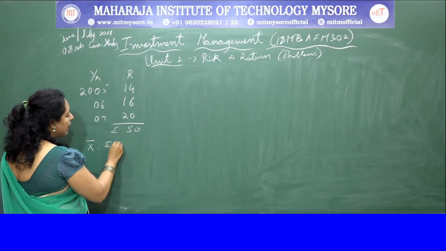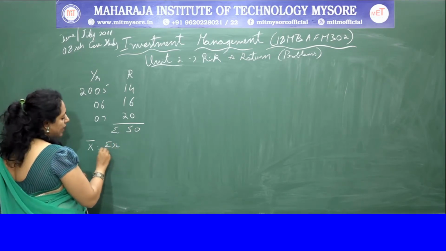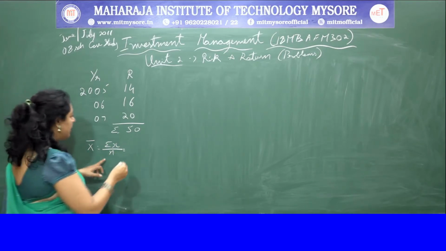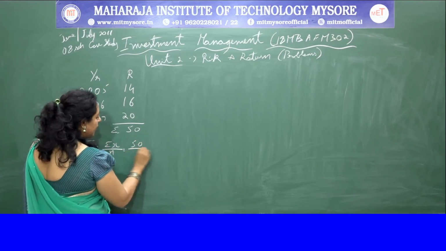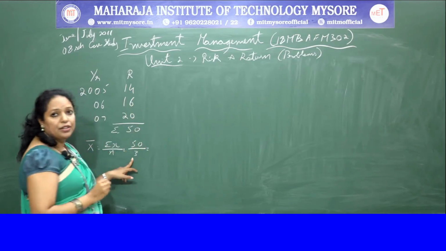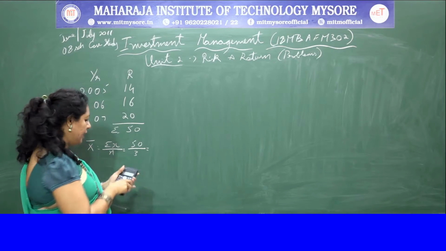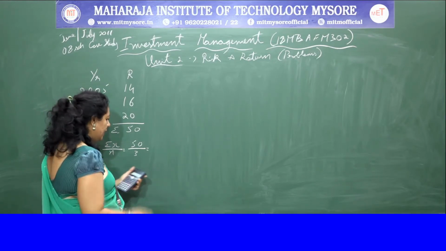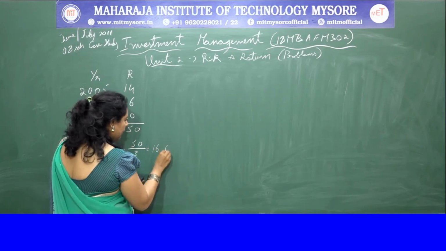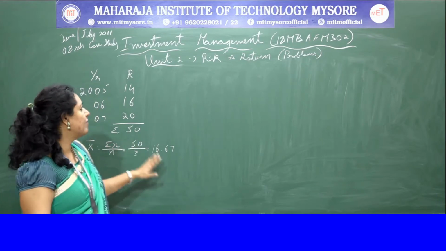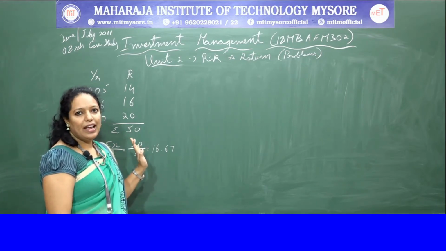So sigma x divided by n: sigma x is 50, and n is the number of years, which is 3. So 50 divided by 3, you can also calculate it on your calculators meanwhile. You get 16.67. So 16.67 is your X bar.